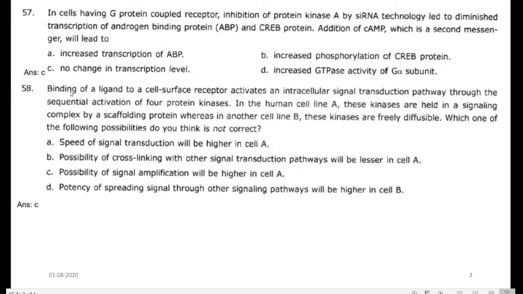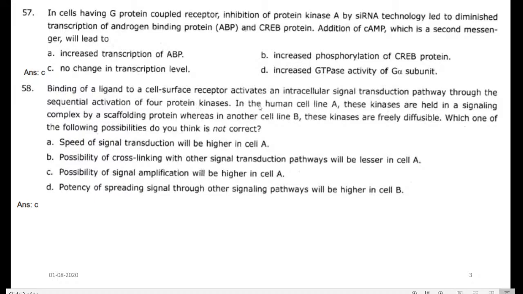Next question: the binding of a ligand to a cell surface receptor activates an intracellular signal transduction pathway through the sequential activation of 4 protein kinases.